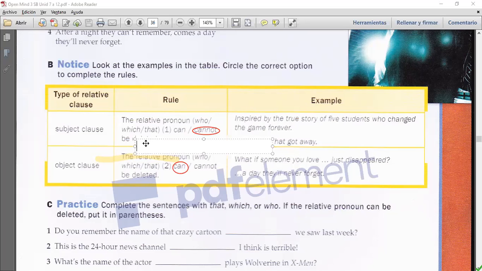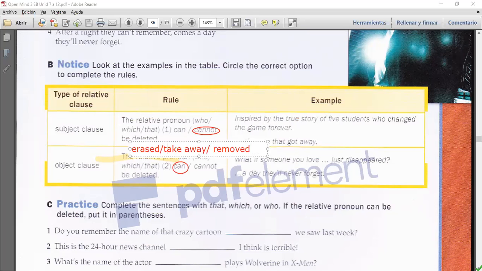Take away. Erase. Erased. Remove. Take away. Yeah. Removed.